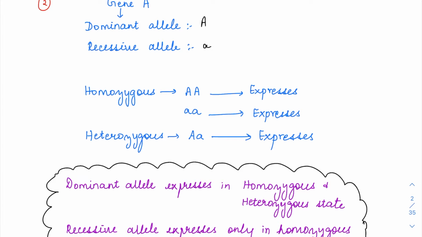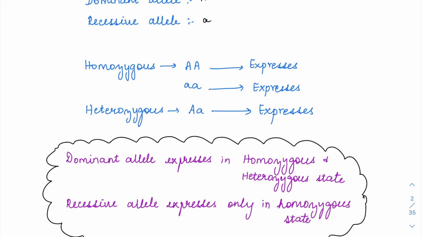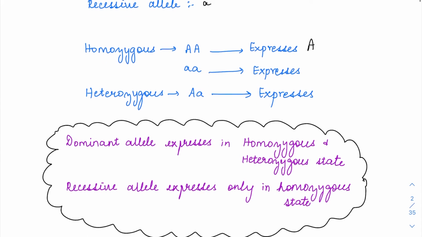So either both the alleles are dominant, that is capital AA, or both the alleles are small letter, that is recessive alleles. This is the homozygous state. When both alleles are dominant, it is going to express capital A, obviously. And if both are small a, again the expression is of the small a, because nothing else is there, right?